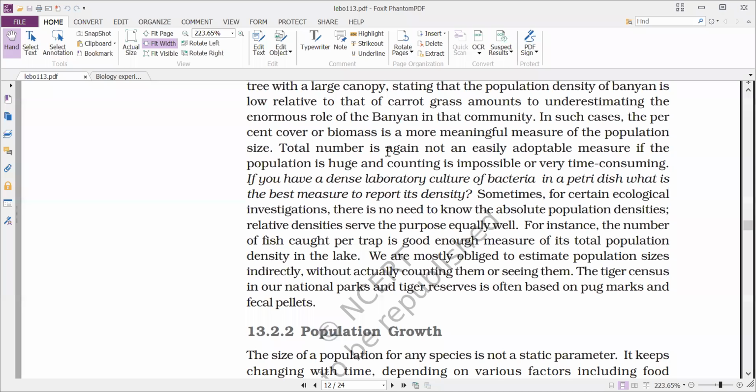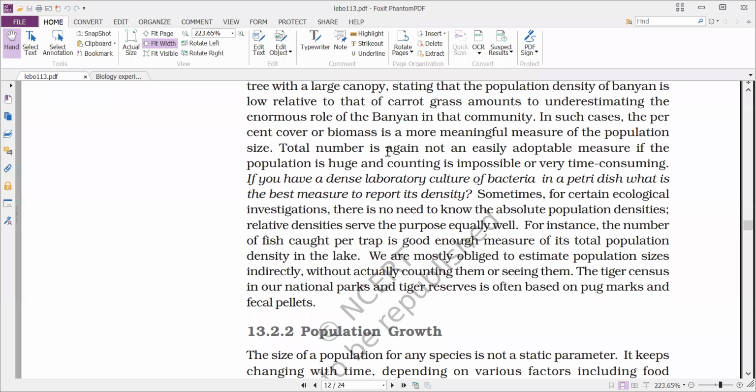In one trap he caught some number of fishes. Then he can understand this much area is there, so in this area these many fishes might be present. Like that, he is able to understand the organisms.